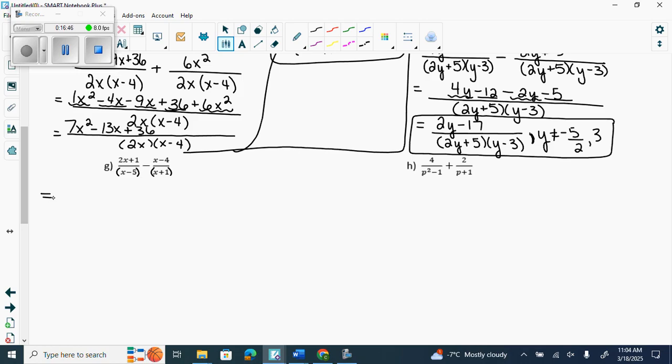So we get 2x plus 1 over x minus 5, and we're going to multiply that by x plus 1. And then this is a binomial, so it needs brackets. Minus x minus 4 over x plus 1, and we get x minus 5.